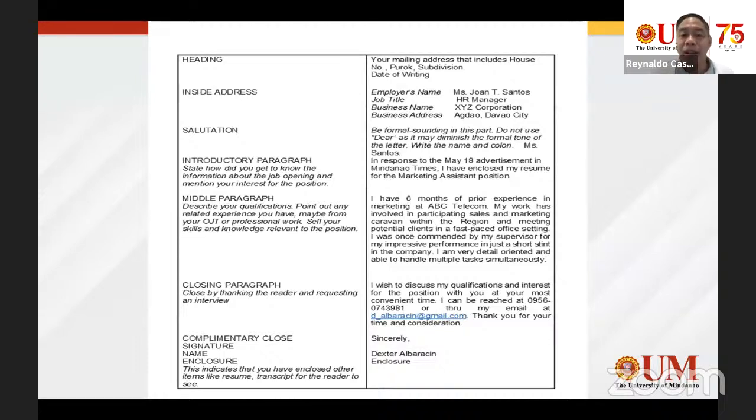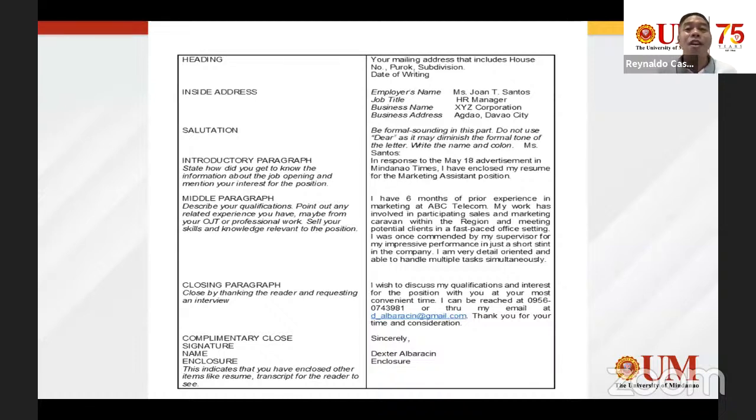Your second paragraph, there you are going to describe your qualifications. You can point out any related experience you have, maybe from your OJT or professional work. Sell your skills and knowledge relevant to the position. So your second paragraph tells something about you, something about your qualifications that match those required by the position and the expectation of the company.